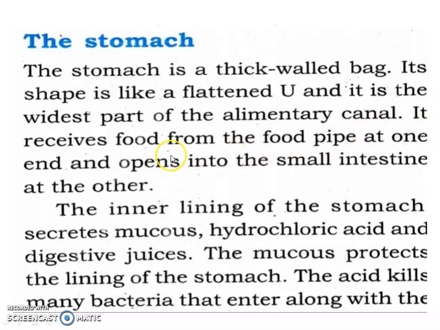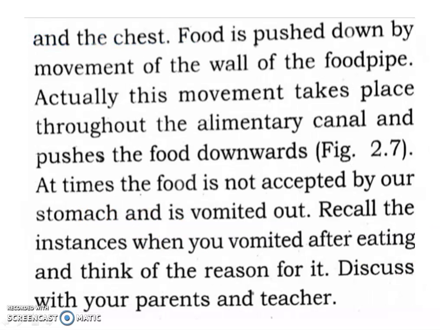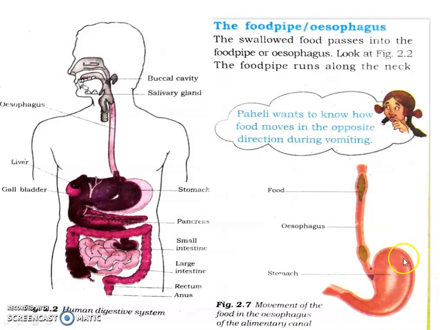It receives food from the food pipe at one end and opens into the small intestine at the other. One end of the stomach is joined with the food pipe and the other end with the small intestine. You can see this in the picture, as we have seen in the previous one. See, this is the stomach and it is joined with the food pipe.